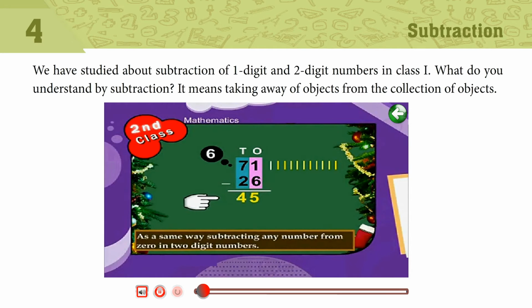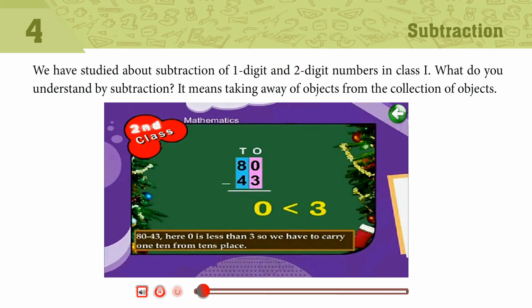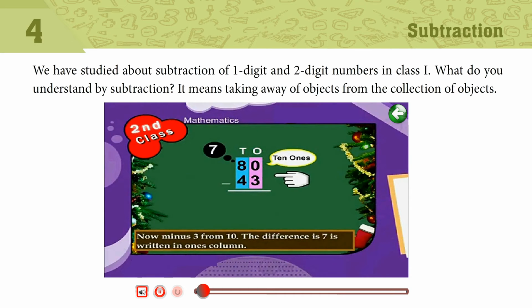In the same way, subtracting any number from 0 in two-digit numbers. 80 minus 43. Here, 0 is less than 3. So we have to carry 1 ten from tens place. Now minus 3 from 10.